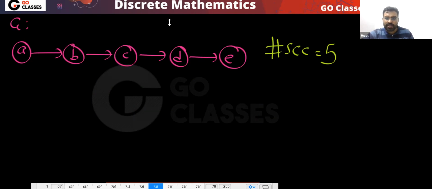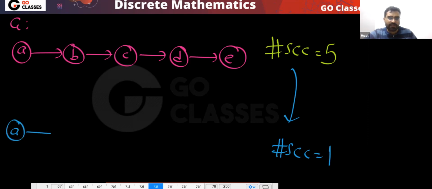Tell me which edge I add, one edge, such that it will come down to 1. The number of strongly connected components can become 1 very easily. Very easily you can make it 1.